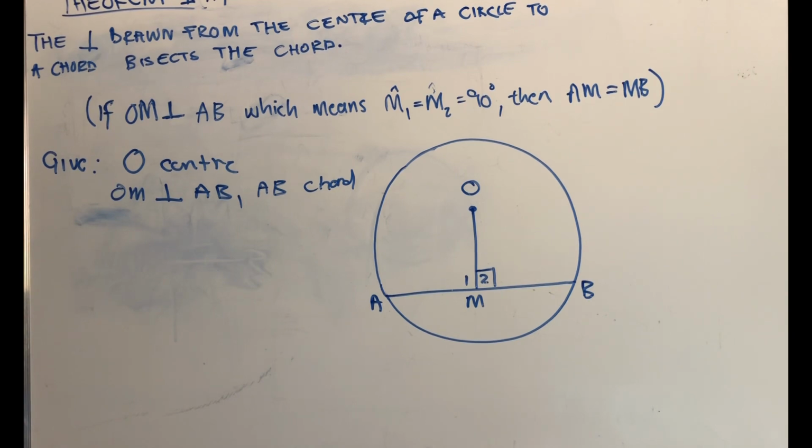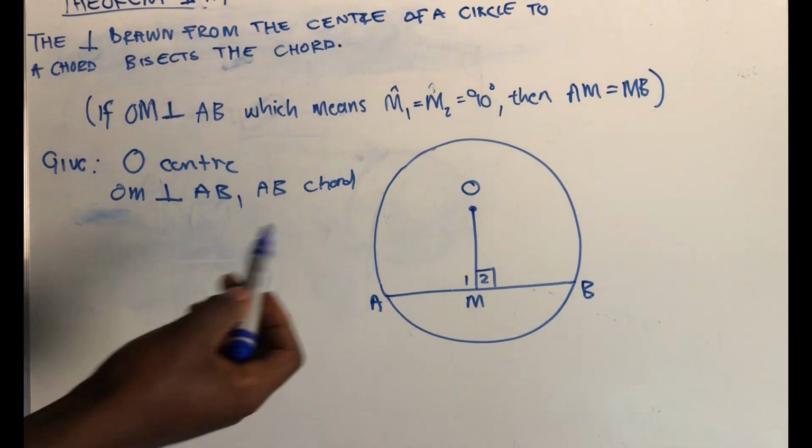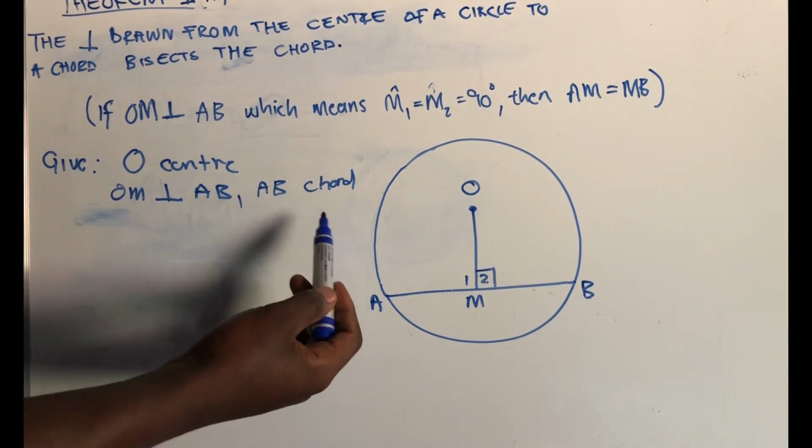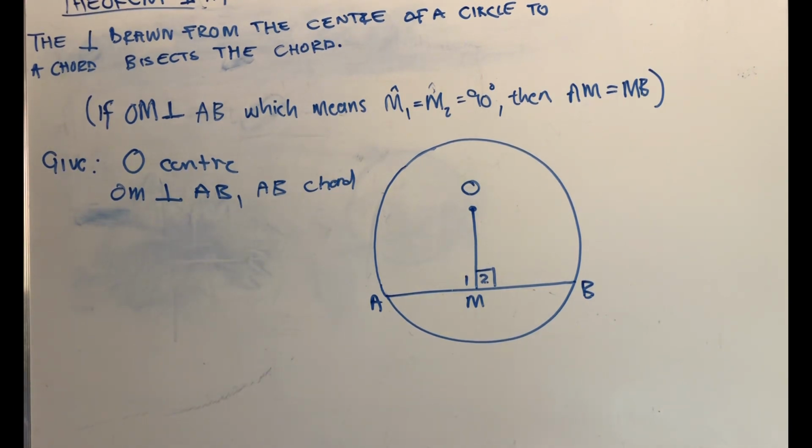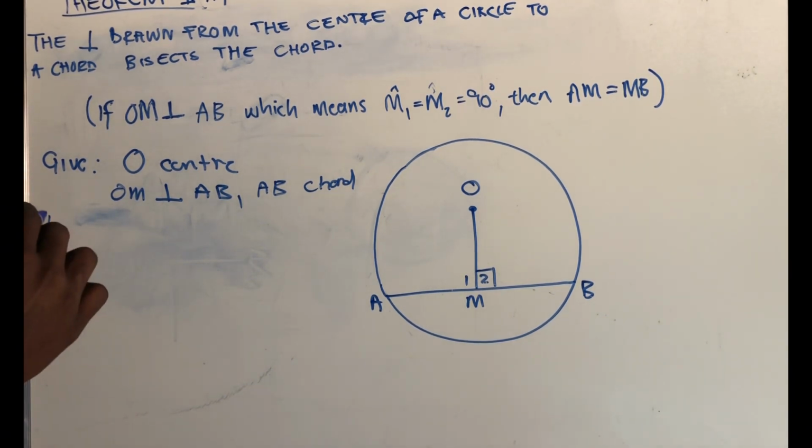So you remember from the basics, here we are using the term chord. If you don't know what a chord is, go back in this video. At the beginning of this video, you will see what a chord is. Now we'll be required to prove that AM is equal to MB. Required to prove.